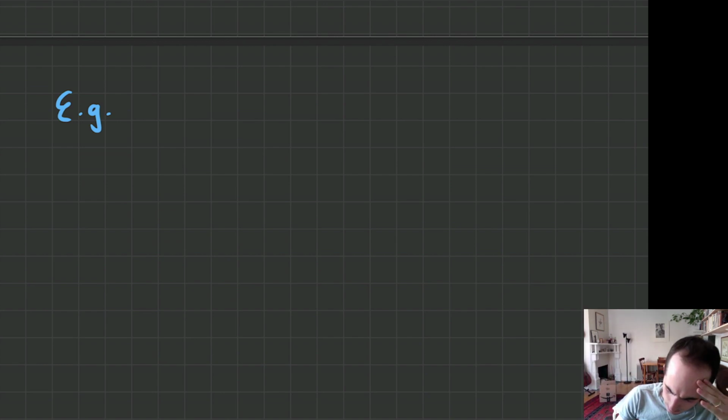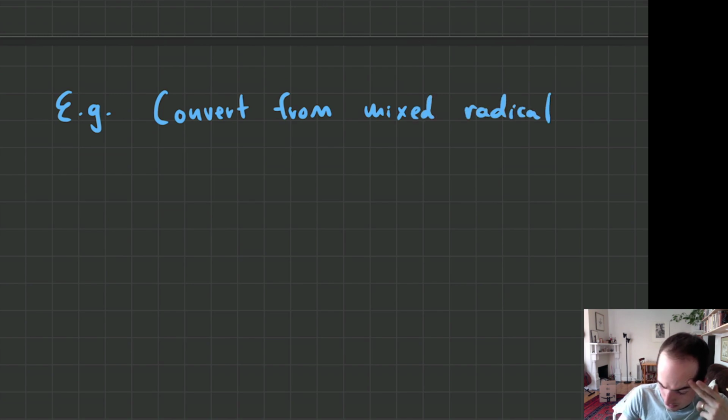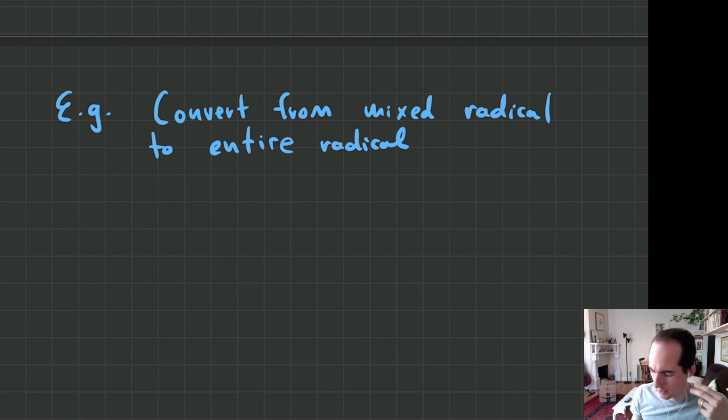Okay, so we're going to convert from a mixed radical to an entire radical. Let's talk a little bit about what a mixed radical is and what an entire radical is.